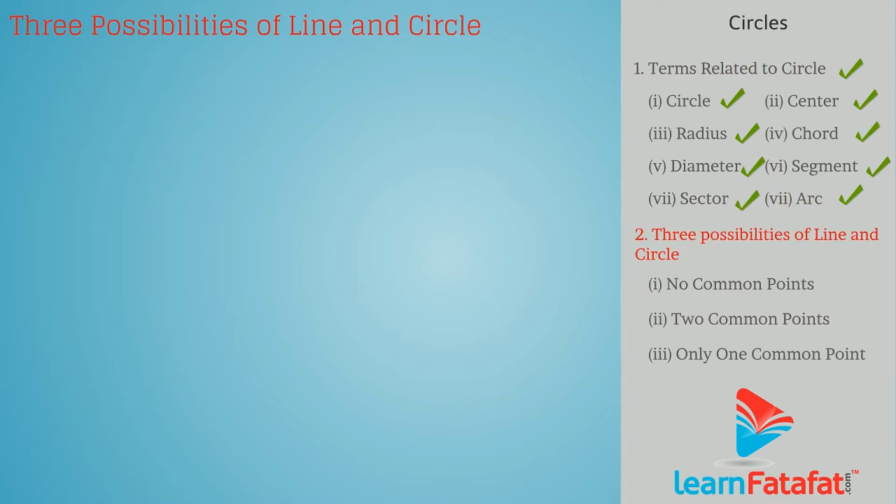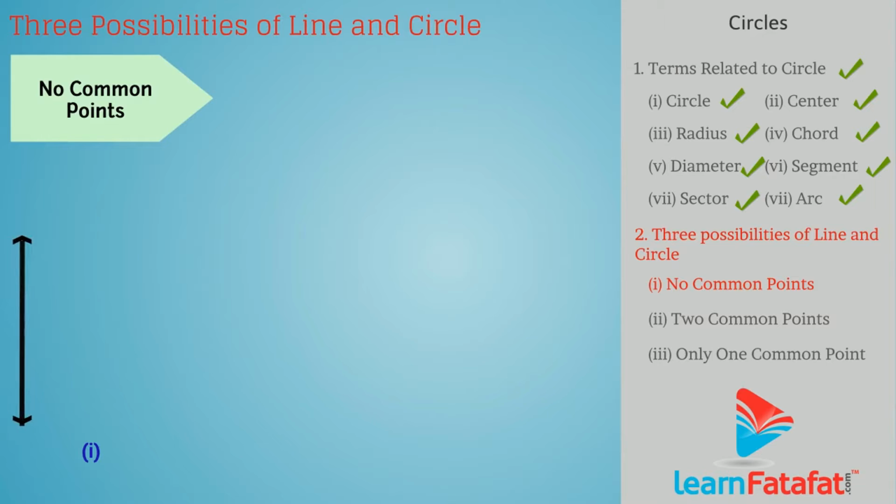Three possibilities of line and circle. No common points. If there is no common point between the line and the circle, then the line is called non-intersecting line with respect to circle. For example, PQ is non-intersecting line.